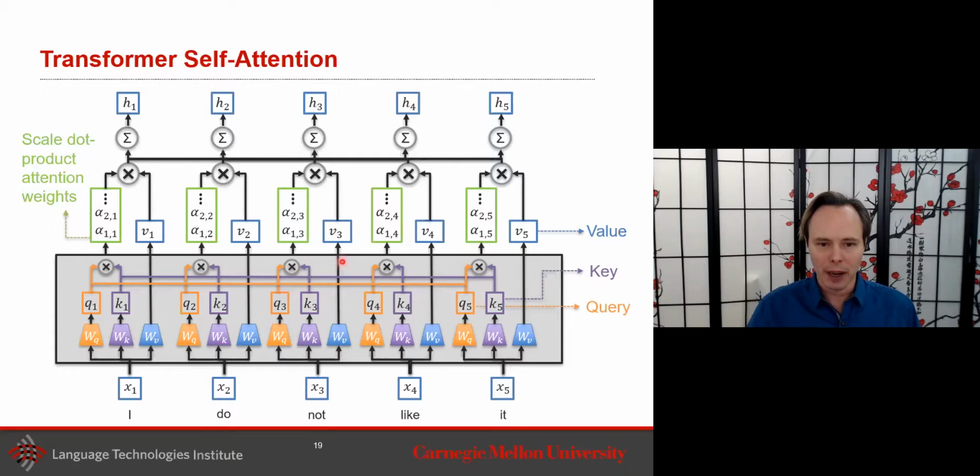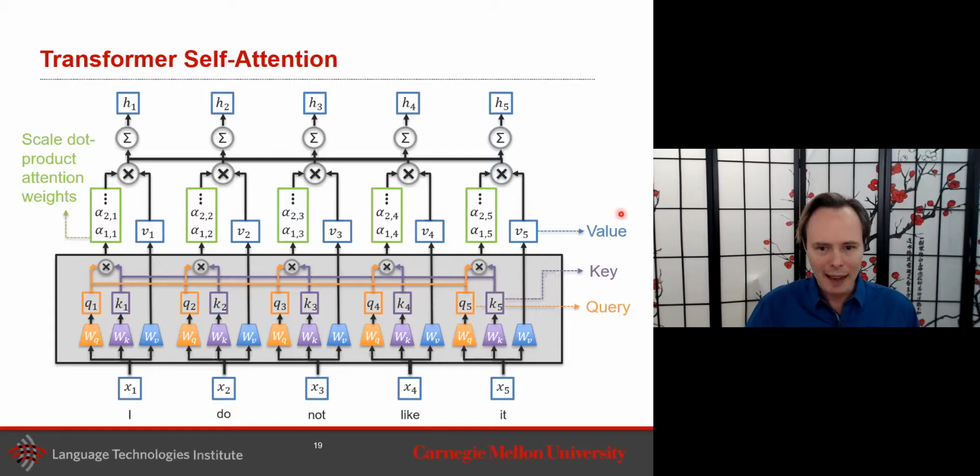And then I do it for the queries, and then I also get my values. Usually the key and the value are the same. In almost all architectures I've seen, keys and values are the same. The query is really like telling what is important, what is similar. That's what I want to encode, the query in this case.